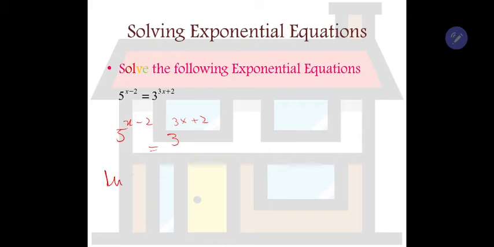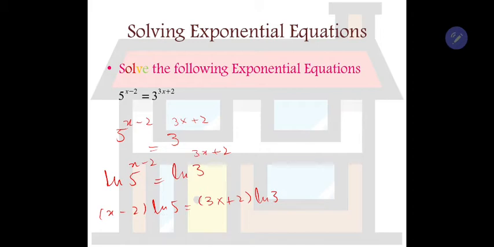If I take the log of this side and the log of this side, that's going to make our work way easier. Now, one of the properties of log says that if you have a number after the log that has a power, the power comes before the log. So it should become (x - 2) log 5 equals (x + 2) log 3.